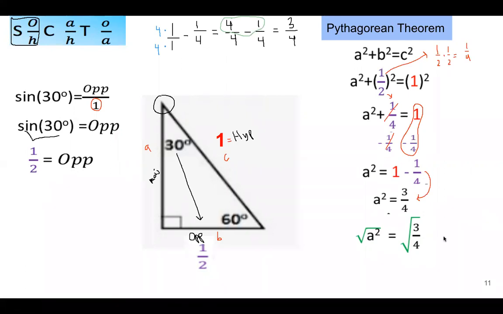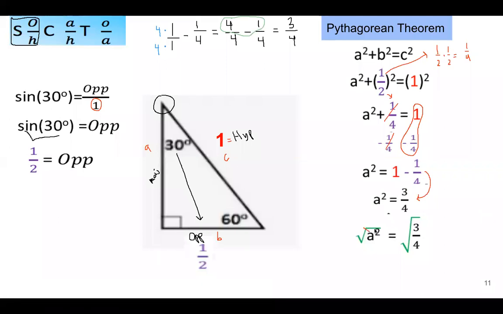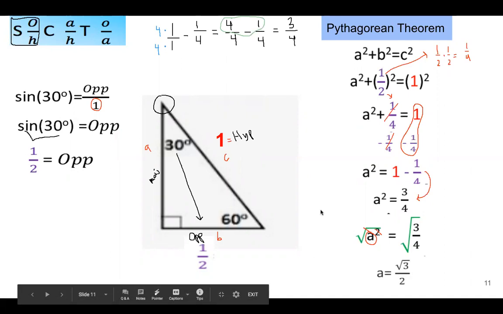We square root both sides. Square rooting both sides basically helps you get rid of the squares. So this cancels out with this, and you're going to be left over with simply a equals, and then you have the square root of 3 over the square root of 4. That's going to simplify to the square root of 3/2.